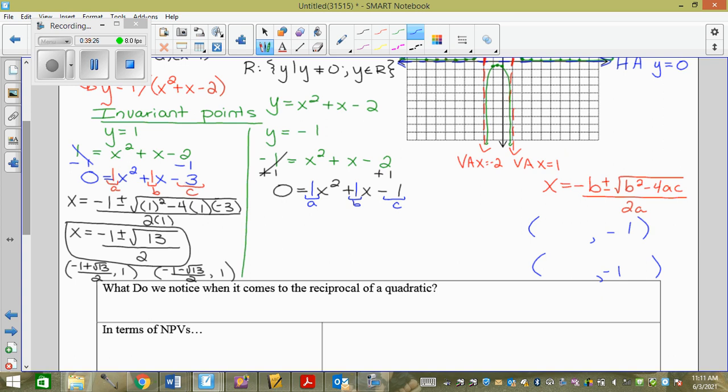I just need to figure out what those somethings are by using the quadratic formula. So I go x equals negative 1 plus or minus the square root of 1 squared minus 4 times 1 times negative 1, all over 2 times 1.